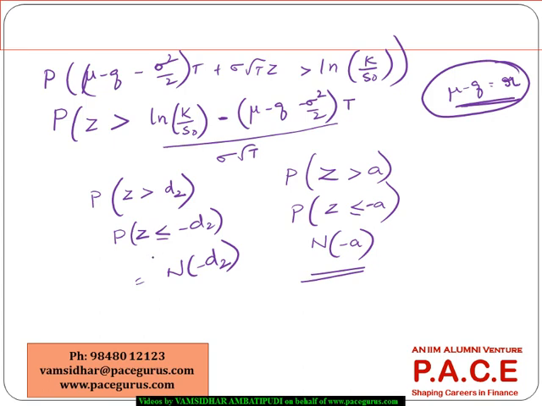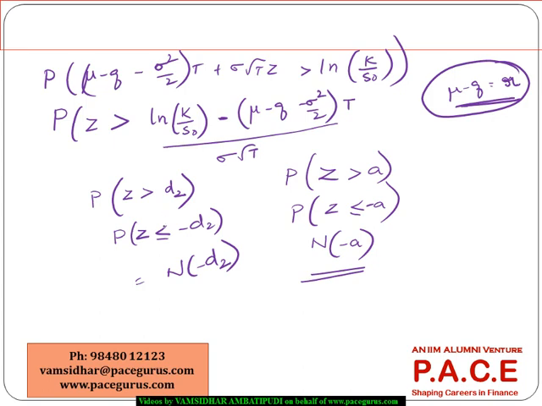Right? So if I'm saying mu minus q, it comes out as probability of Z greater than d2, which works out to N of minus d2.